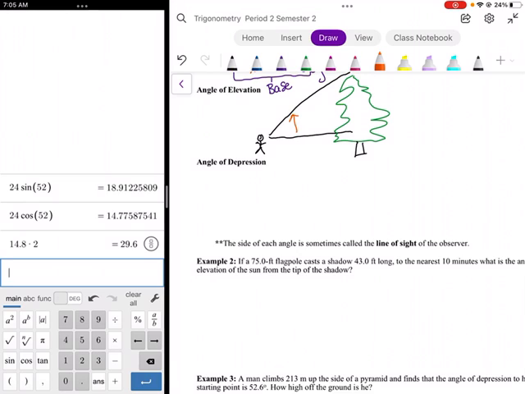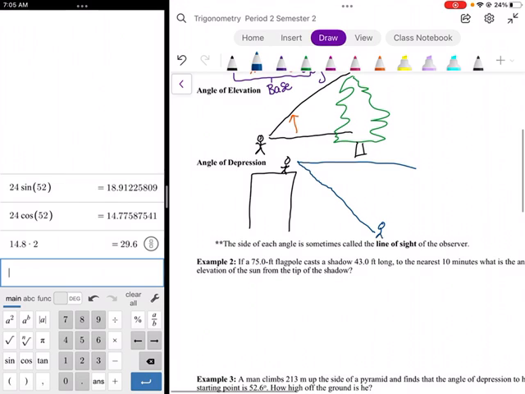And then angle of depression, this is when you're standing on a building or in an airplane and you're looking down. So this is from your eye line, but then you're going to be looking down at something that's most likely on the ground, like another person that you're waving to or something. So that's what an angle of depression is.